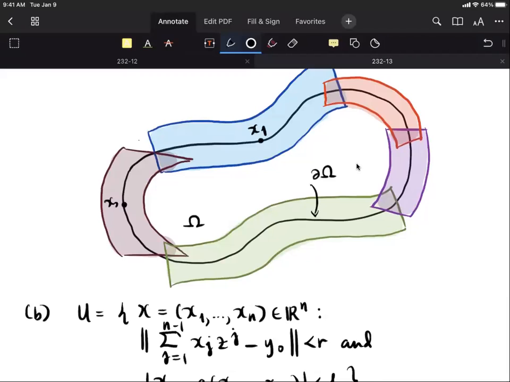Suppose you have parameterizations on a finite set of points on the boundary, and here the corresponding open sets are u1, u2, u3, u4, and u5.